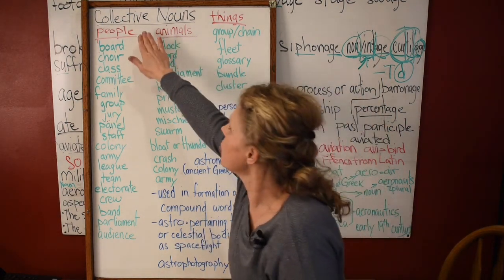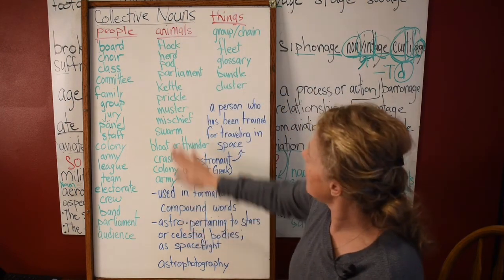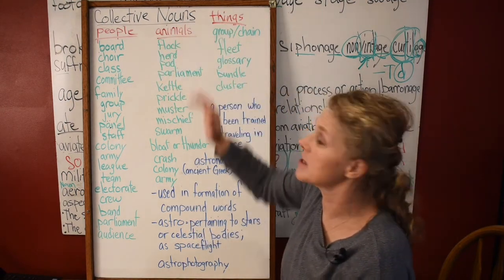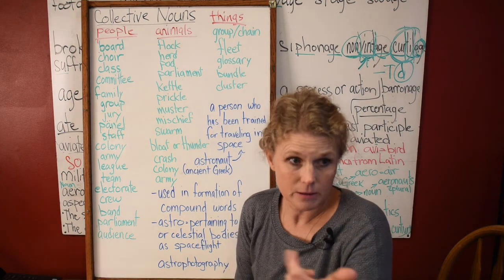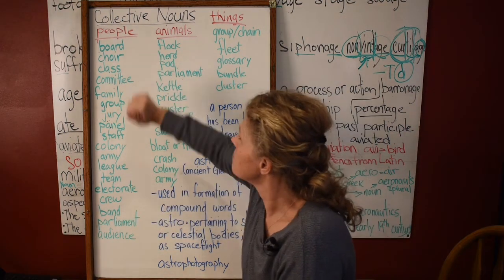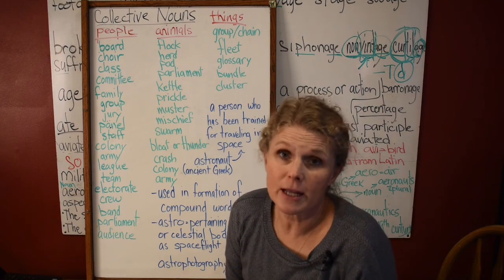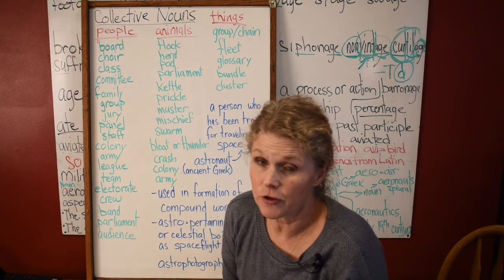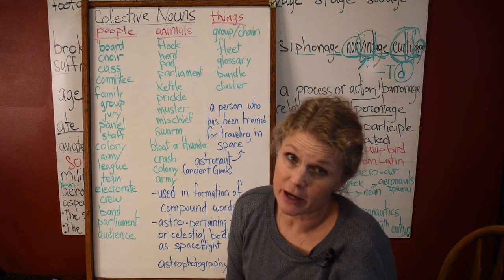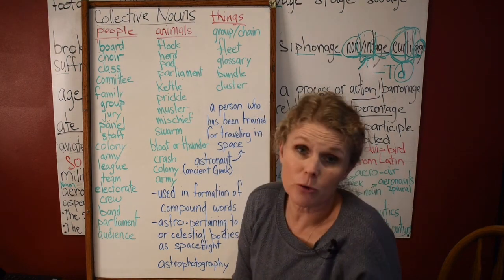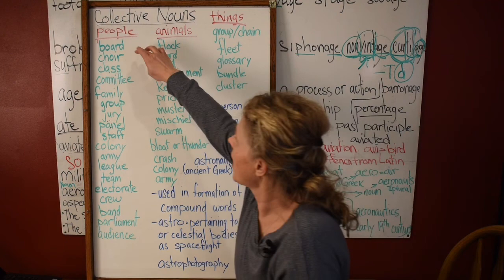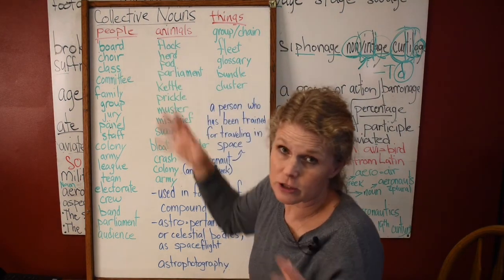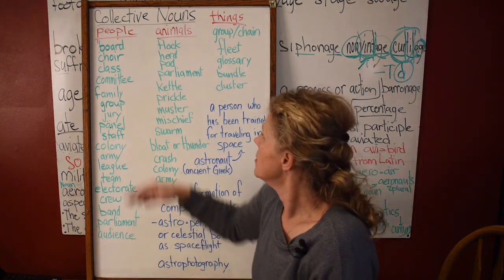We have different areas. We have people, animals, and things. Remember what nouns are. What's a noun, boys? A person, place, thing, or idea. Right. There are so many collective nouns. I just chose a few that I thought you would think were really fun and you would recognize, or maybe you wouldn't even recognize them and you would want to look them up. So we have board, like a board of directors. It's a group of people.